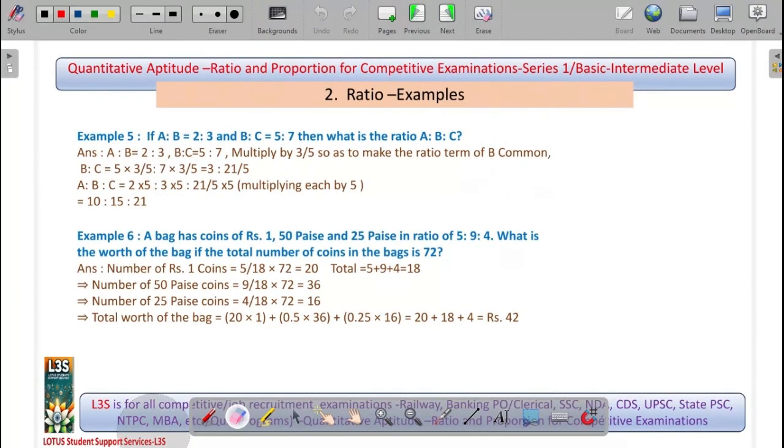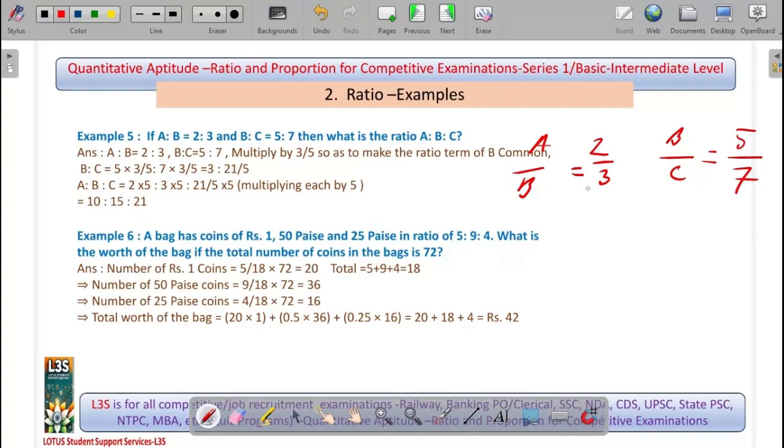Another example: A is to B is equal to 2 is to 3, B is to C is equal to 5 is to 7. Then what is the ratio of A, B, C? Now in this kind of problem, what we have to do, see here, A by B is equal to 2 by 3, B by C is equal to 5 by 7.